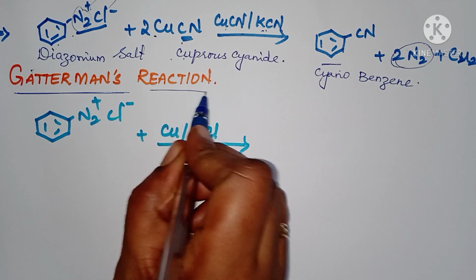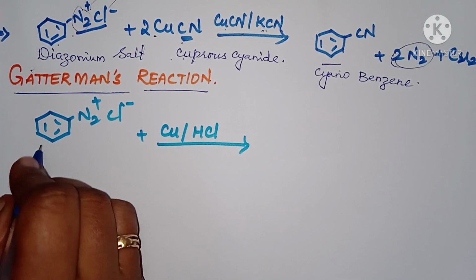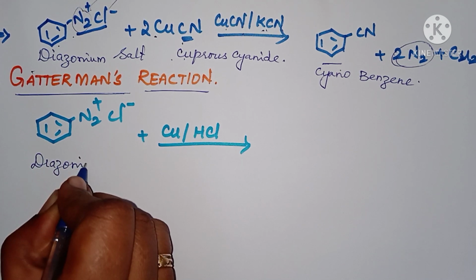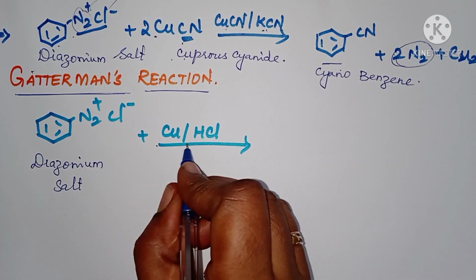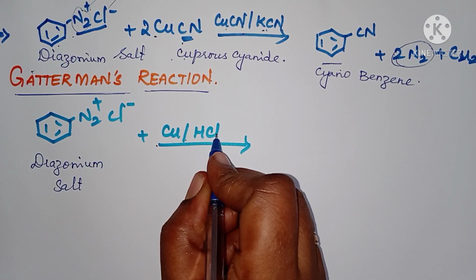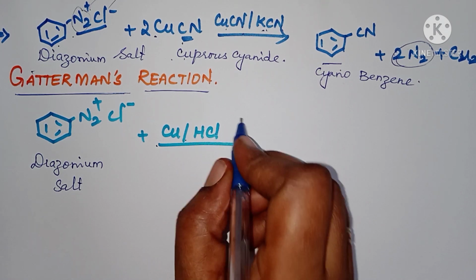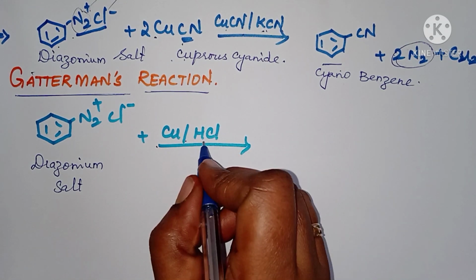This is also a naming reaction, which is very important. Now what is this? This is a diazonium salt. Next, it is treated with copper with HCl or HBr, whichever it is, and Cl is there.